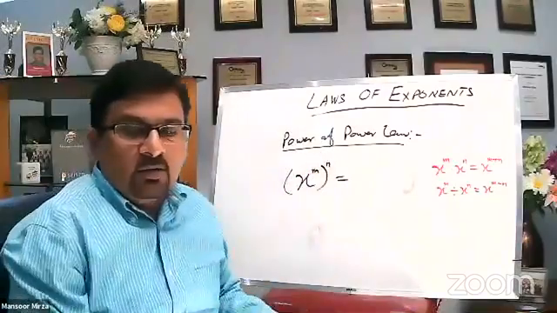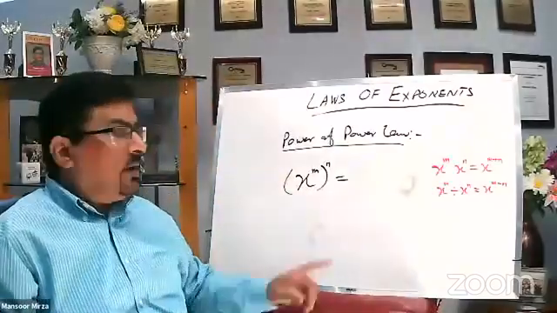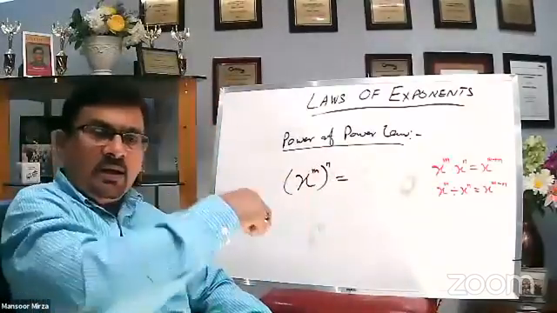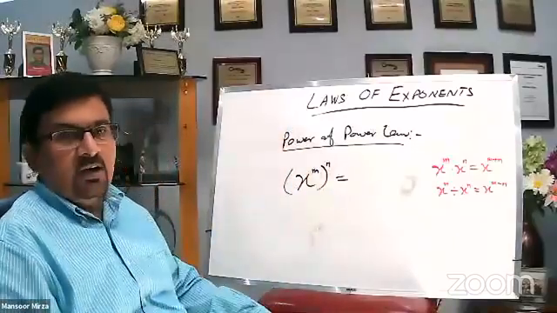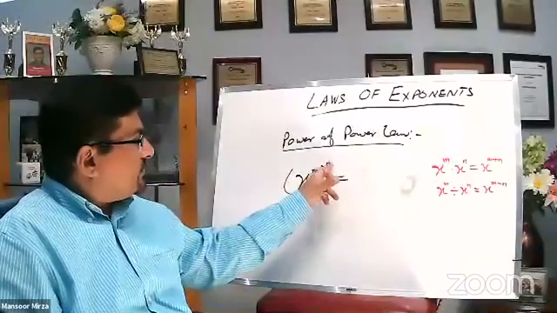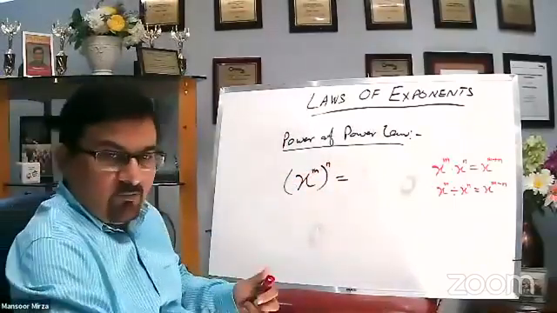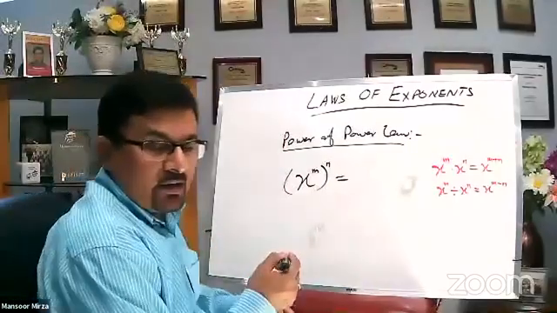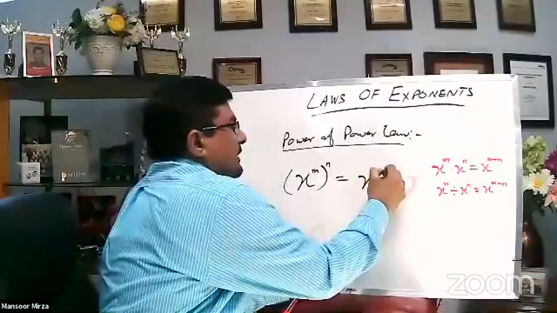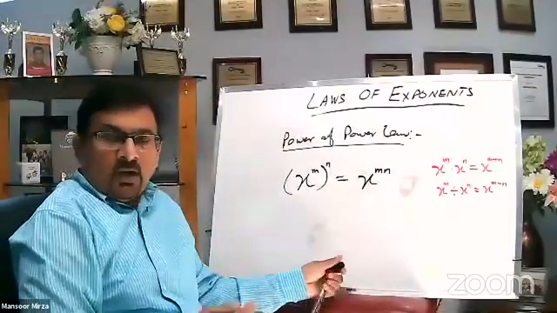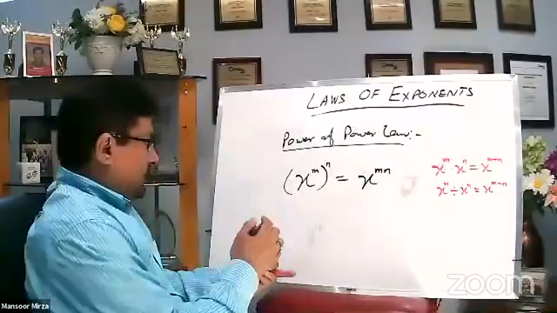I remember when I was in school or college, my teacher used to say, in such a case, this n is going to come and hit on the hat. He was just making funny ways of teaching. He said this n is going to hit m first. So it is going to multiply, and the result comes as x to the m n.